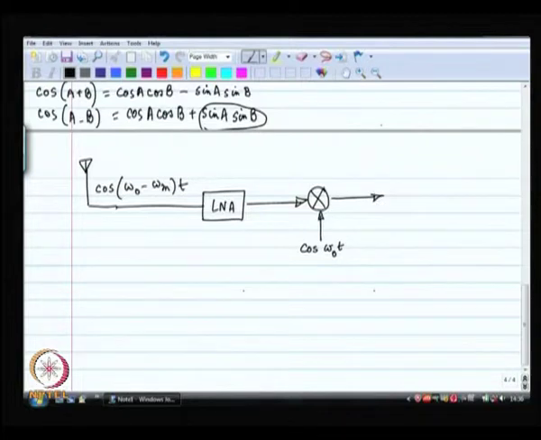If I multiply by cosine omega naught t, then what am I going to get? Cosine times cosine looks like the sum of two different cosines, cosine of a plus b plus cosine of a minus b.